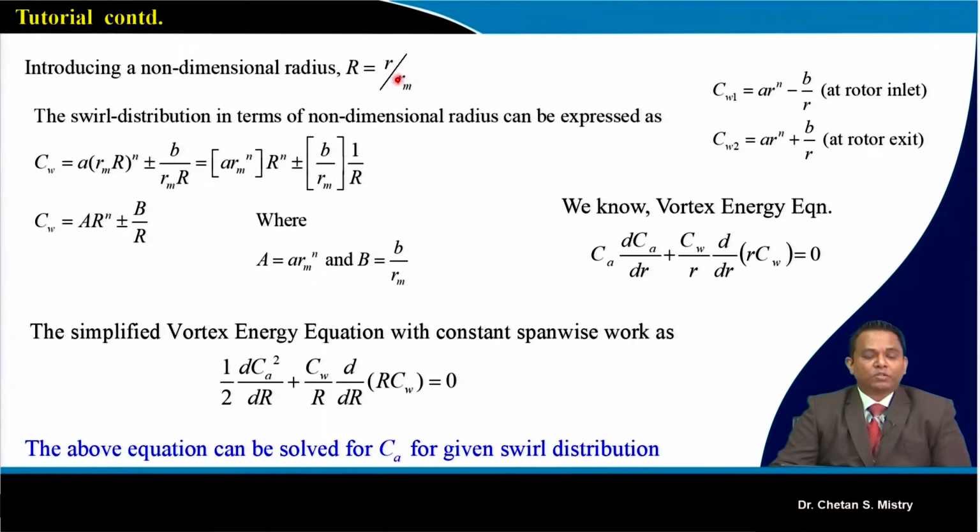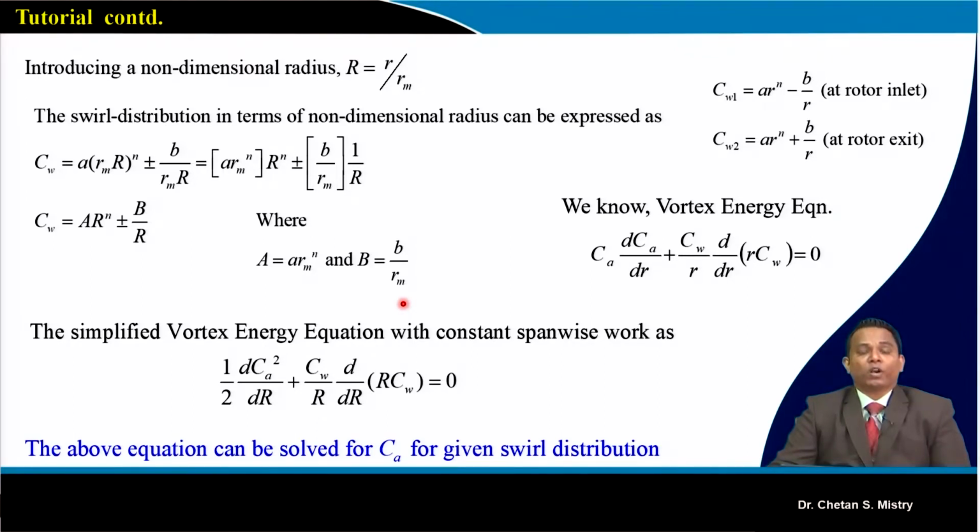In place of r in the equations we assumed for Cw1 and Cw2, I can replace it with Rm into R. If I put this in, the whirl component distribution can be written as capital A into capital R to the power n plus or minus b by r, where the constant is small a into Rm to the power n, and b is nothing but b by Rm.